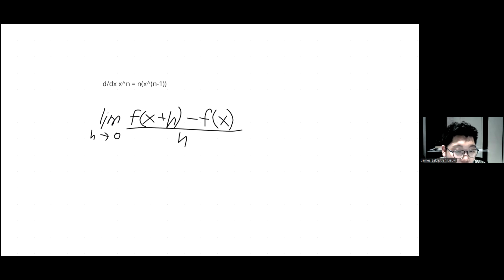Well, if you notice, we know that f of x is itself x power n.